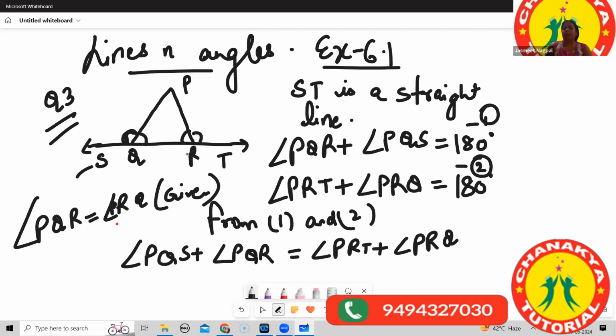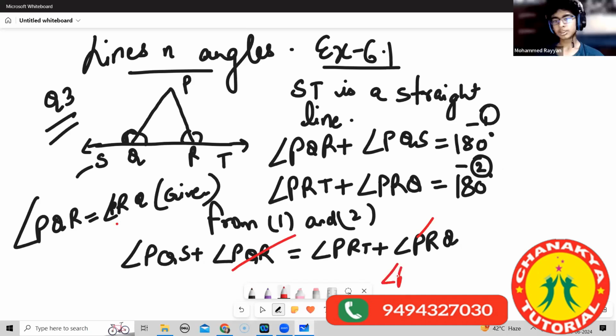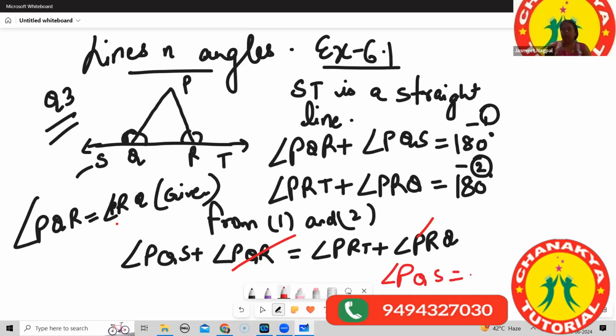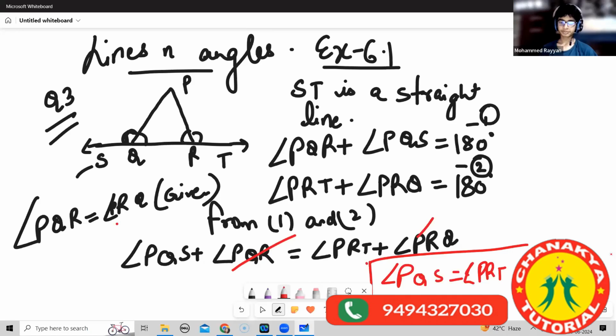Can I cancel PQR and PRQ? Yes, I will cancel these two because these two are the same. So which one is left? Which angle is left? PQS is equal to PRT. So this is your answer. You have proved this one. Got it? Yes, ma'am.